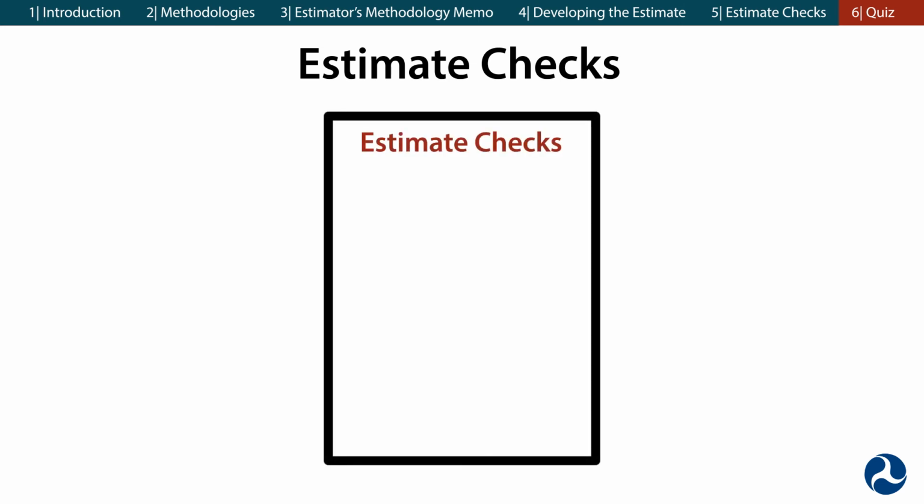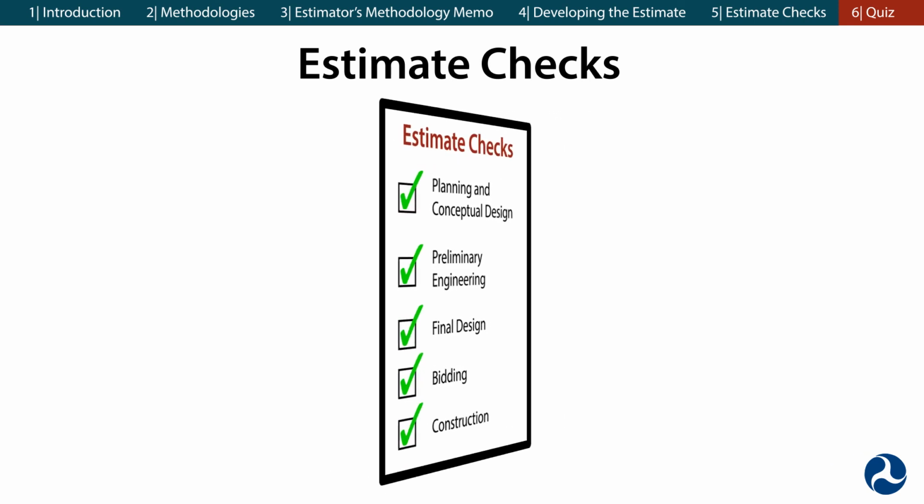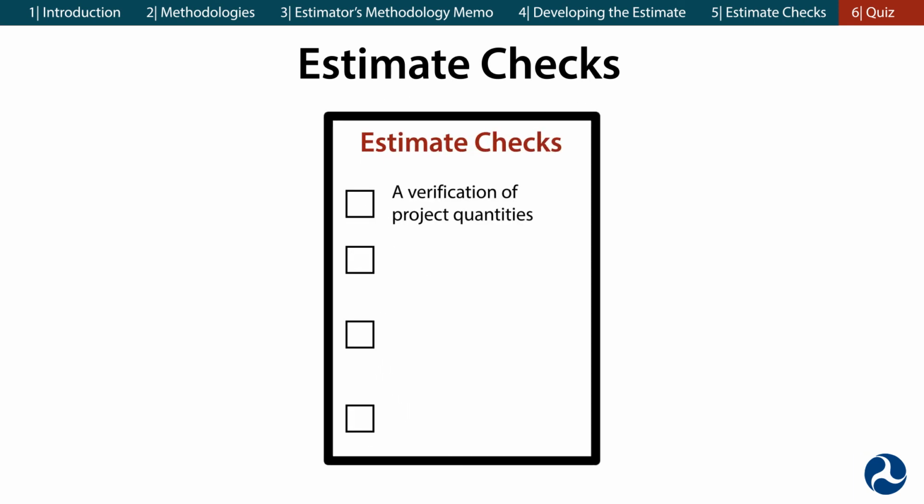FRA requires that the memo include a plan to conduct estimate checks in planning and conceptual design, preliminary engineering, final design, bidding, and construction. All estimate checks must include the following elements: a verification of project quantities, where you'll make sure the cost estimates include, for example, the correct tunnel length, square footage of major structures, and number of bridges.